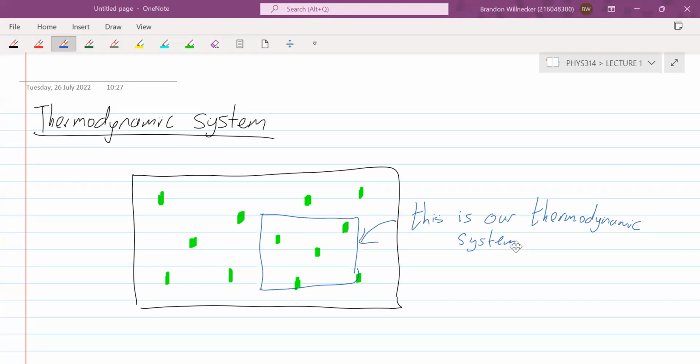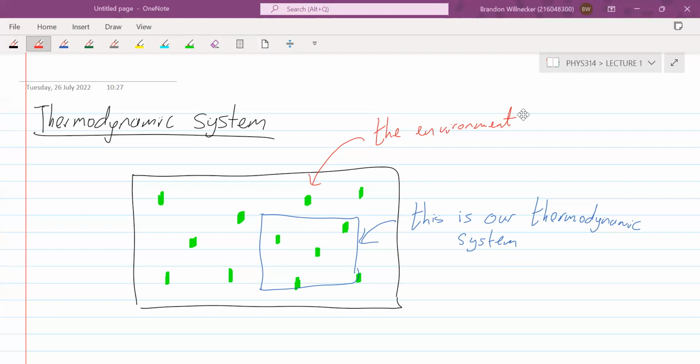Once we've defined the boundaries for our thermodynamic system, everything else we refer to as the environment. Physically, there might not be much of a difference between our system and the environment because it's all together in the same place. However, this predefined boundary that we set is what we use to separate our system from the environment.